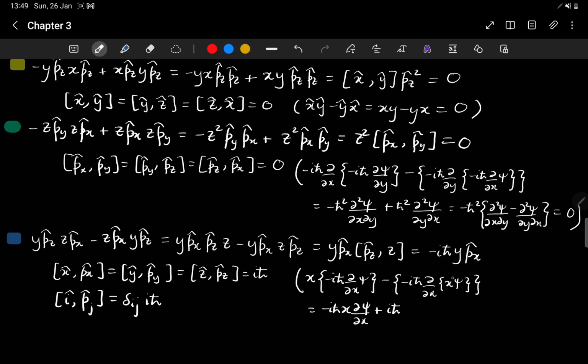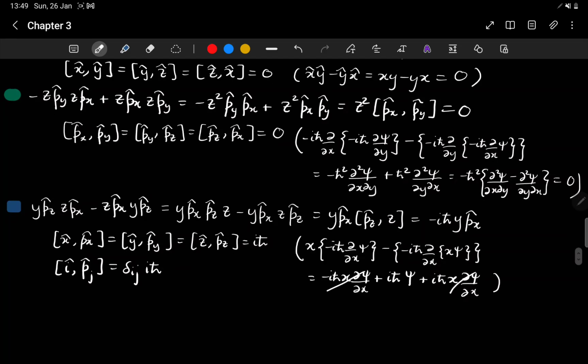So we'll use the chain rule of differentiation in the second term over here. So ∂/∂x of xψ is the derivative of the first term times the second term plus the derivative of the second term times the first term. So ∂/∂x of x is just 1. So this gives us iħ ψ. And then the first term times the derivative of the second term, and this term cancels out, giving us iħ as the result.